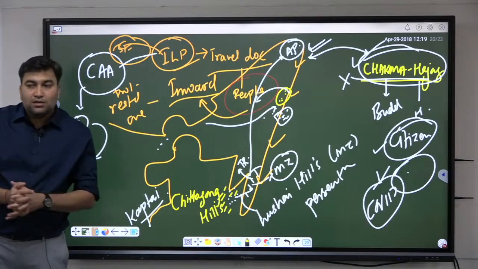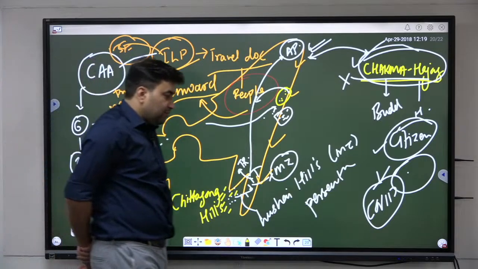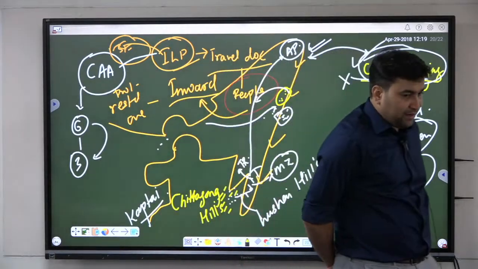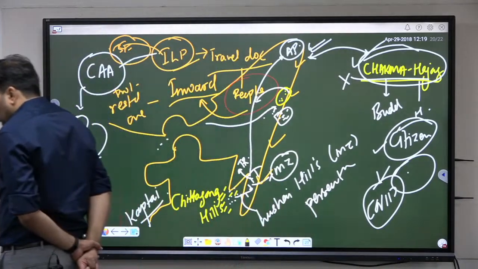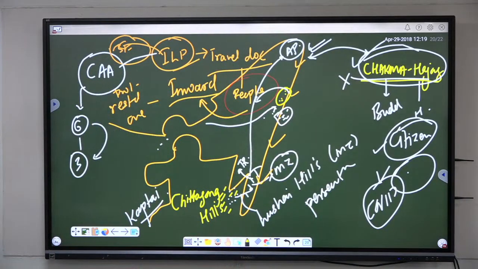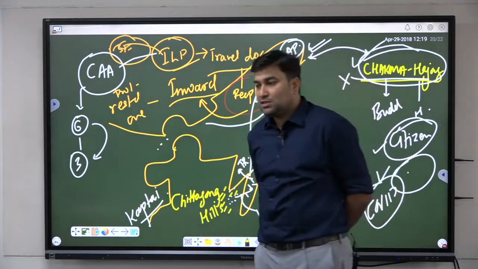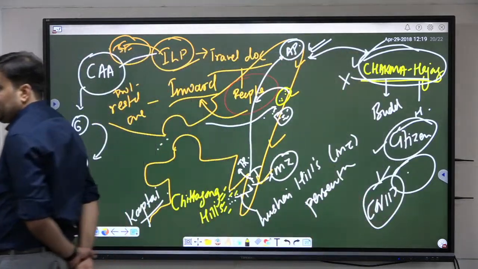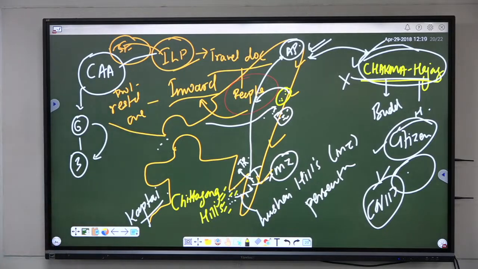Inner line permit is an inward travel document issued by the state authorities permitting the travel of Indian citizens in protected territory.